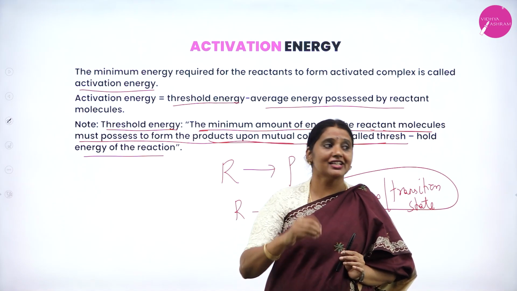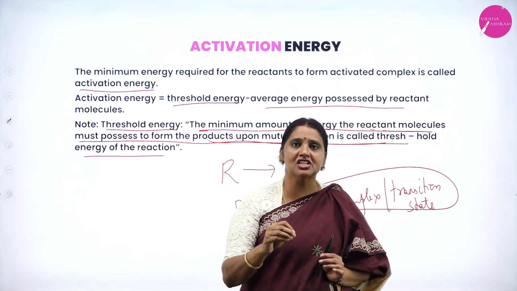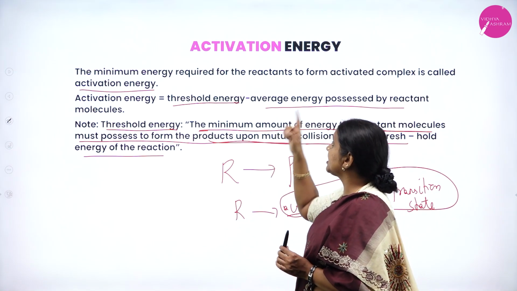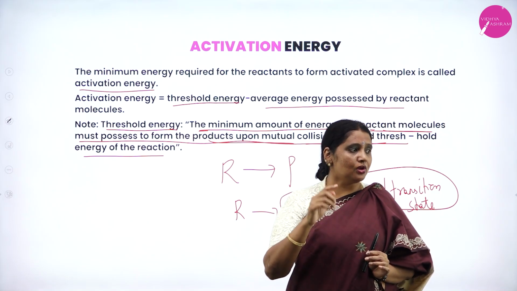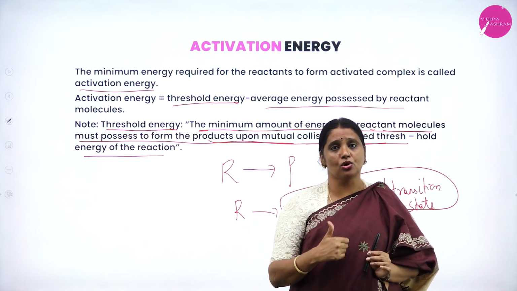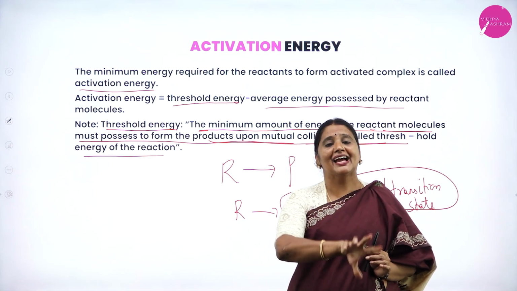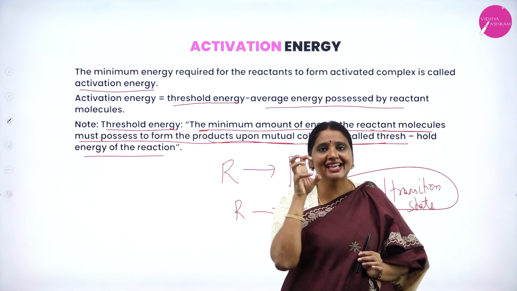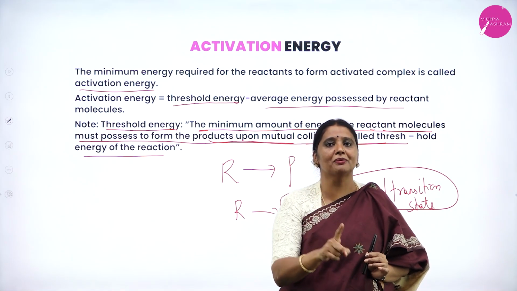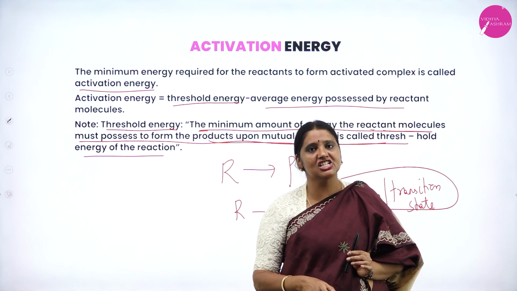Today, I introduced new terms in the chemical kinetics chapter, that is activation energy as well as threshold energy. What is activation energy? It is the energy required by the reactant molecules to form the activated complex. As I explained, the reactants are not directly converted into product. Before formation of product, there is a formation of activated complex, also called the transition state.